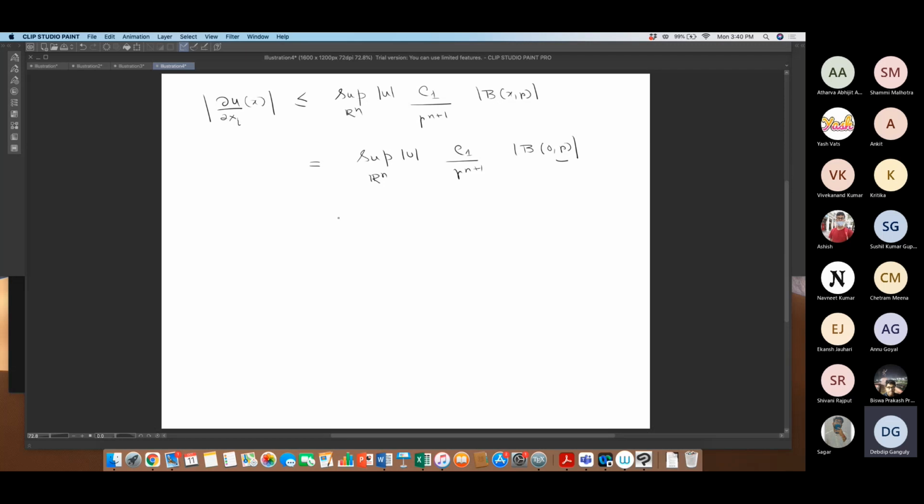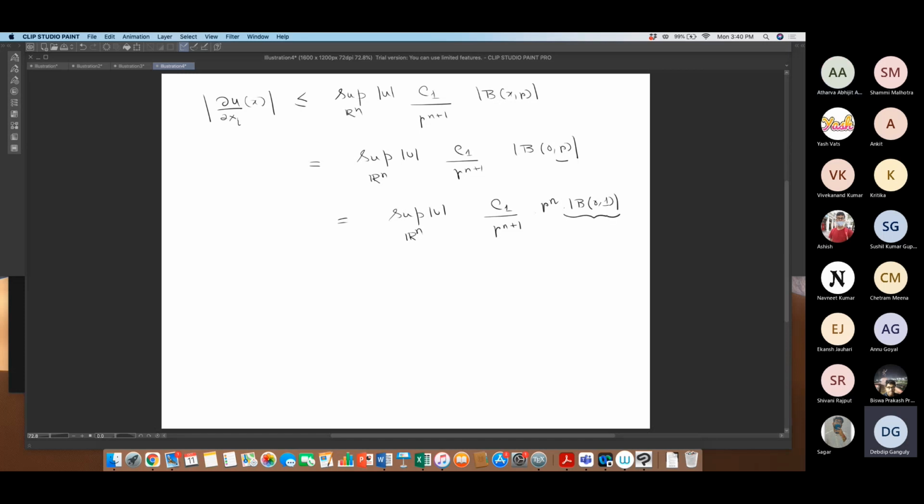Now I can use the scaling. This is equal to the supremum over U times C1 by R to the power n plus 1, times R to the power n times the measure of B(0,1). Just scaling: for a ball of radius R, you take x to be R times y, so in the y coordinate it is a ball of radius 1, and the measure changes by R to the power n times B(0,1).